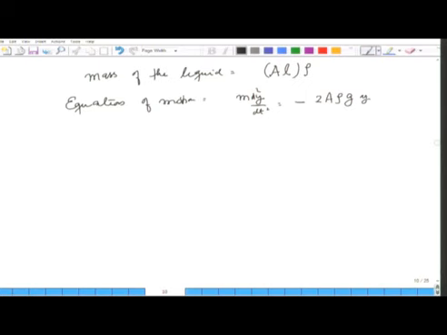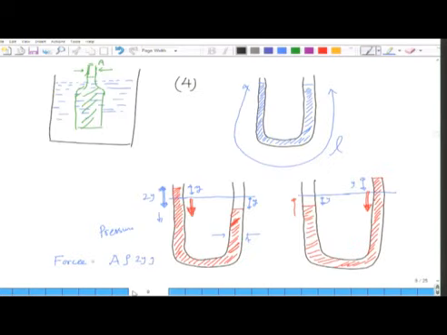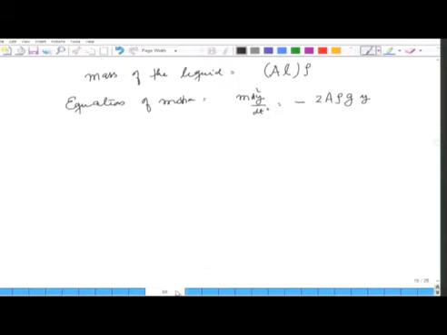That is what we had calculated the force to be, 2 A rho y g, and mass is A L rho. So, A L rho d2y by dt square is equal to minus 2 A rho g y. A cancels, so does rho, and you have the equation of motion.